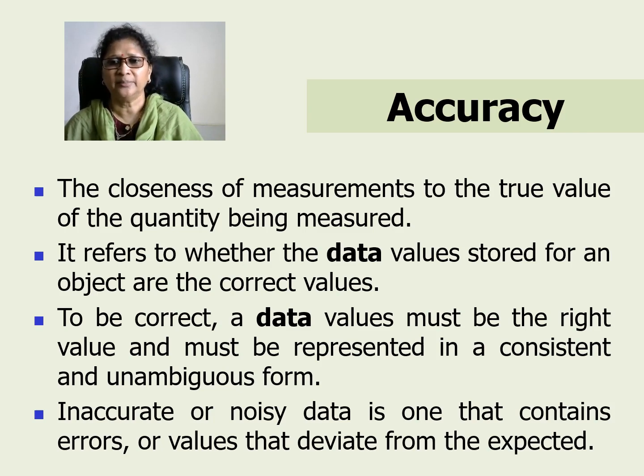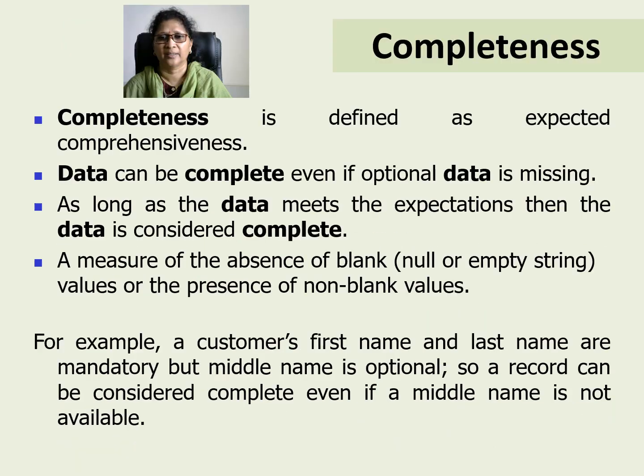The next term to be learnt is completeness. We often ask a question like, is all the required information available? Does the data which we are using have any elements which are missing? This refers to completeness. Completeness is defined as expected comprehensiveness.